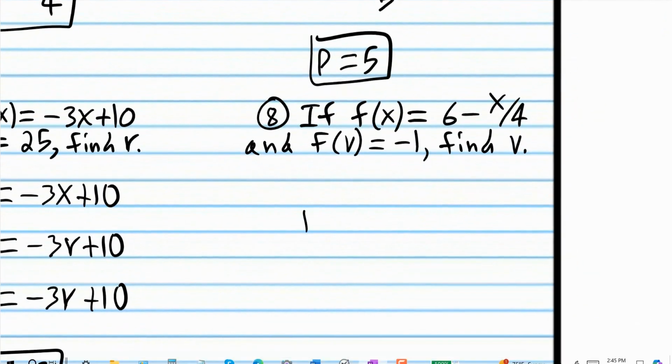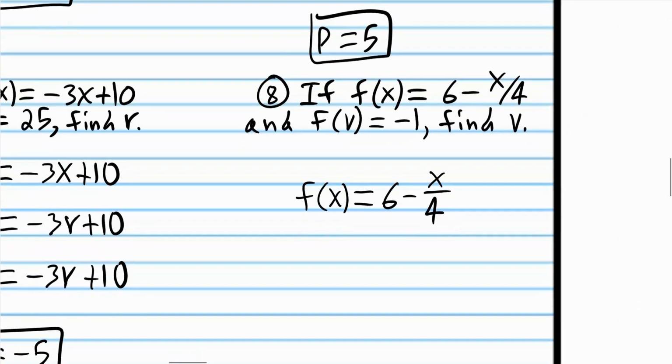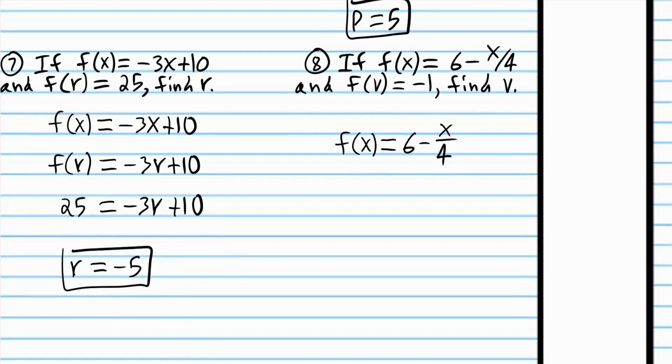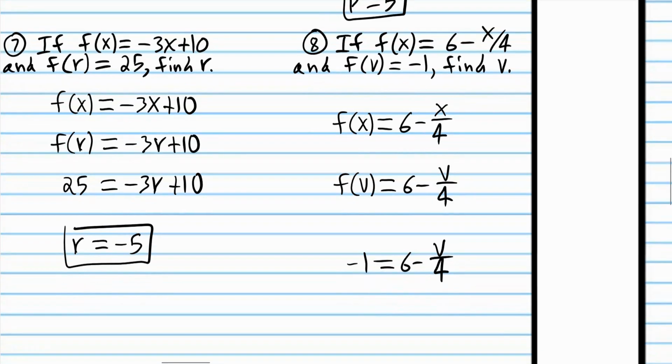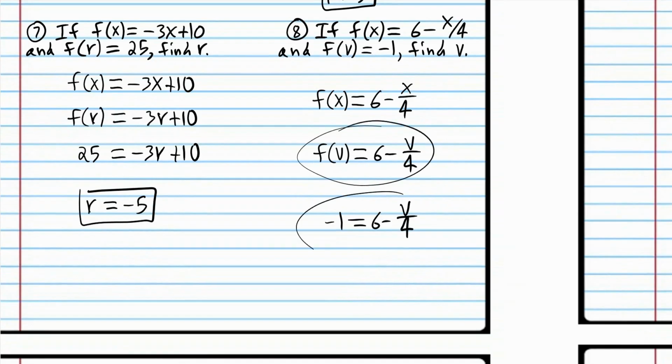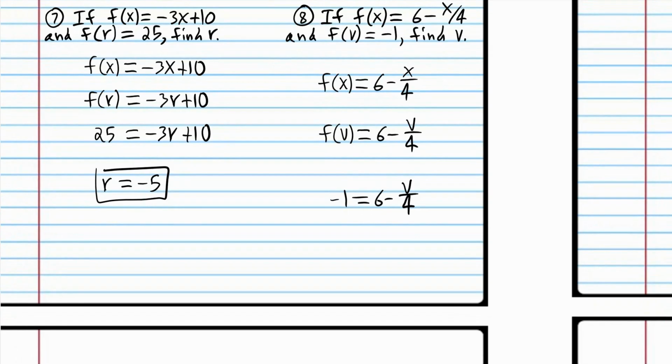Alright, we're back. So we know that f of x is equal to 6 minus x over 4. And if that's true, then f of v has to be 6 minus v over 4. But we're also told that f of v is negative 1. So I'm just rewriting this same equation down here, except I'm replacing f of v with negative 1.